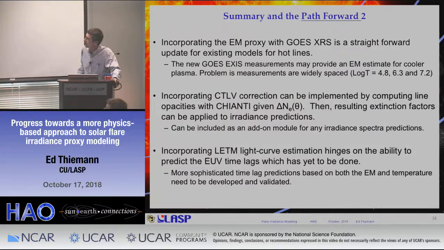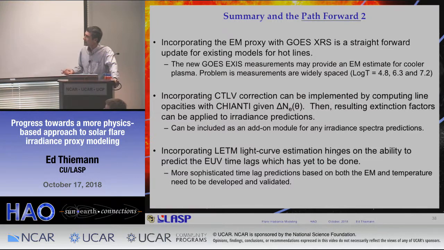Okay, and so then what do we need to do to get these into the models? Incorporating the emission measure proxy using the GOES XRS is straightforward, and that looks like it'll work for hotter lines. We still need to look and see how much it'll improve the model uncertainty for cooler lines. We do know it breaks down for cooler lines, but it still might be better than just using the soft X-ray intensity directly.